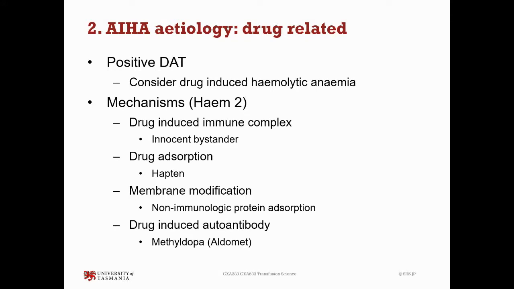So it's not an antibody-antigen reaction. So it's non-immunogenic, no blood group specificity, and the eluates are negative. Often with these ones, you can elute an antibody from them, particularly with the drug-induced autoantibody. But with this membrane modification, there is no antibody to elute because only complement has been activated. The antibody-antigen reaction hasn't actually taken place.